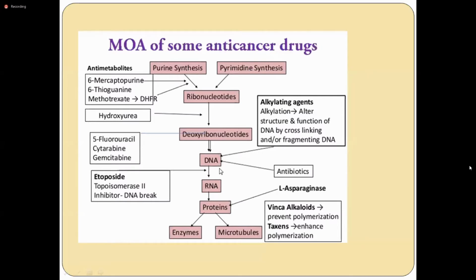In this process, many chemotherapy drugs break this chain. If this chain is broken, then the multiplication of the cancer cell is checked. So they work at many levels. This is how these chemotherapeutic drugs are designed, and you'll be asked about how they work, so you should know where they work.